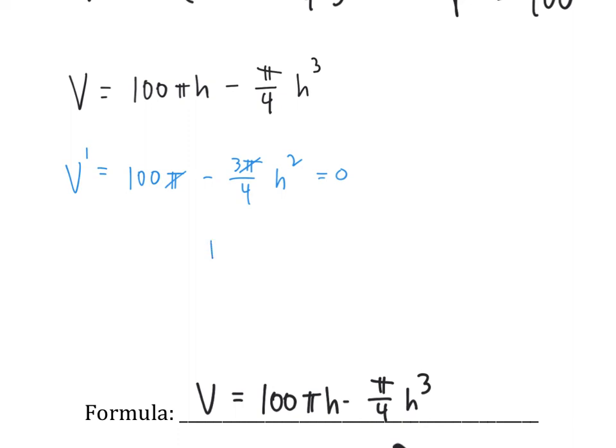And you get h squared has to be 400 over 3, I think. And that means that h has to be technically plus or minus, but really just positive, 20 over square root 3.